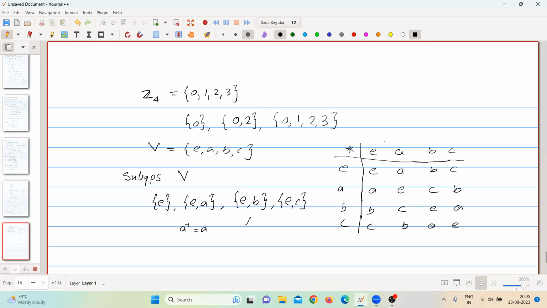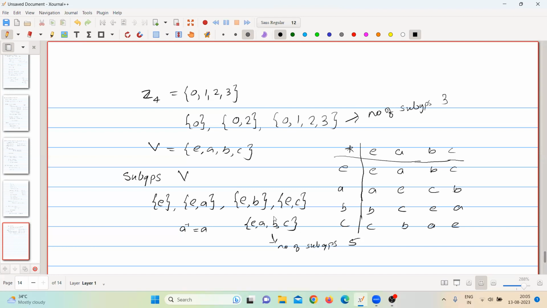And {E, A, B, C} is a subgroup. So both Z4 and V have the same number of elements, but the number of subgroups here is 3 and here it is 5. I didn't miss any subgroup, right? Clearly both have different numbers of subgroups.